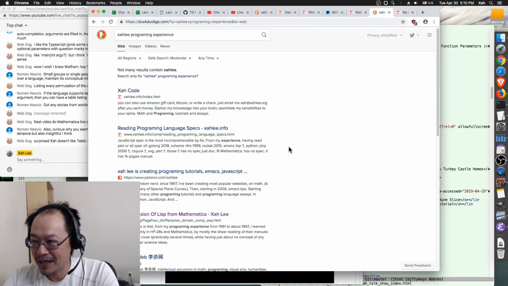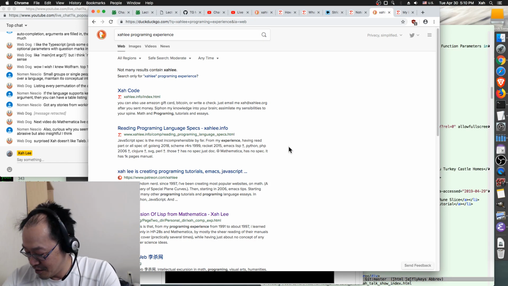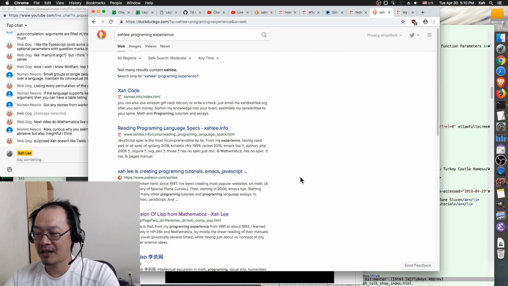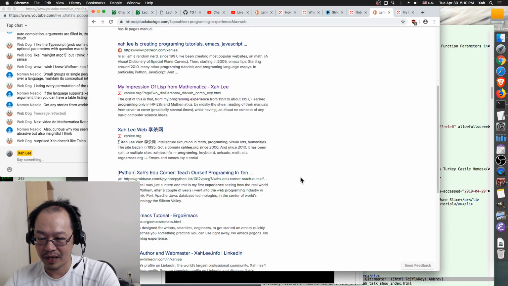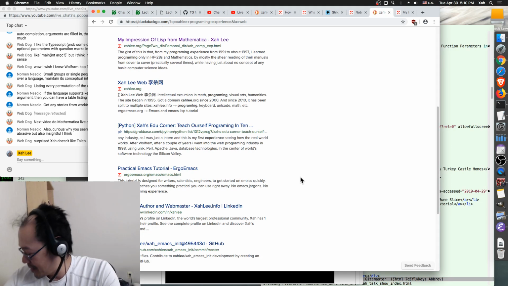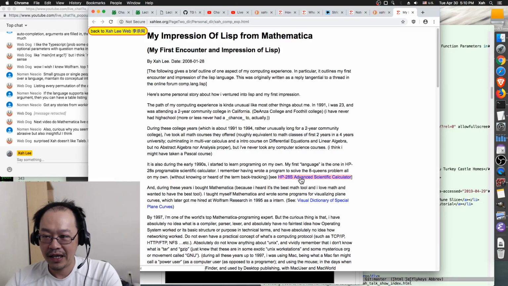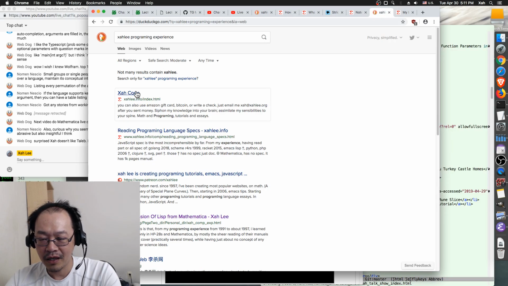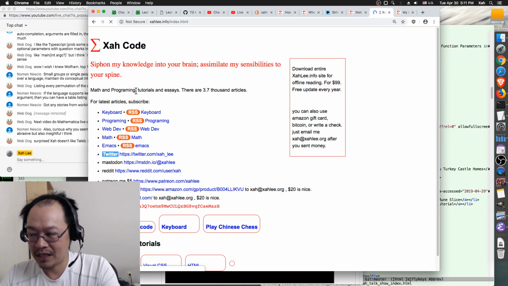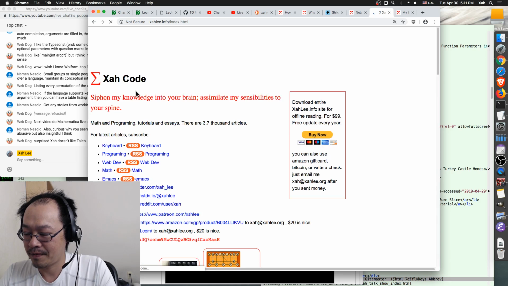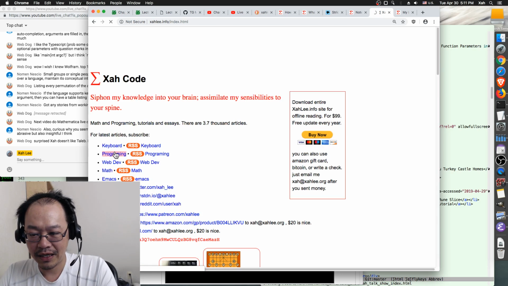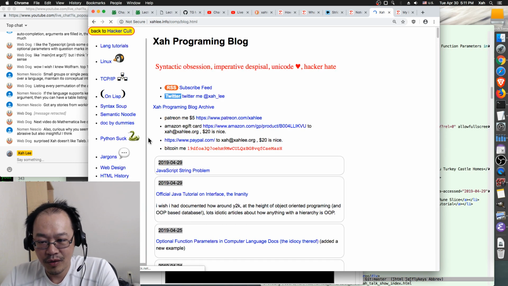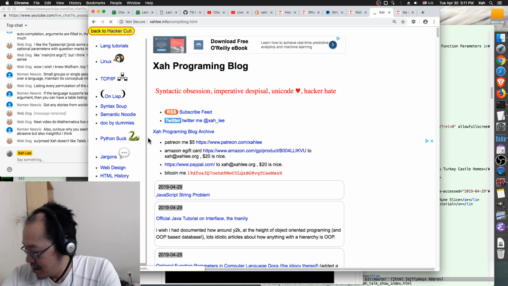Okay, so Mathematica. What I was going to show you is an article where I talk about some experiences when I was at Wolfram. I don't remember what keyword to search, but I think I can find it.